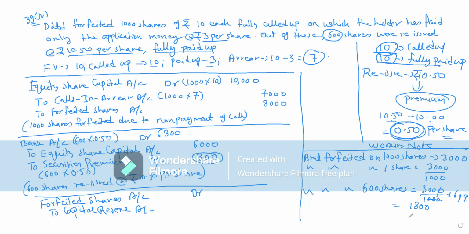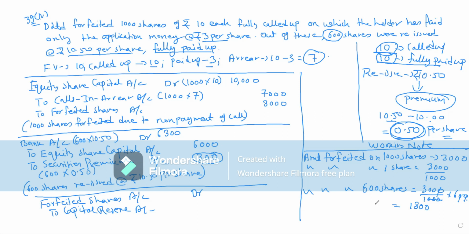Now remember, whenever you reissue shares at a premium, the premium amount on reissue will not be added to calculate capital reserve. Did you understand what I said? But if you reissue shares at a discount, then that amount of discount will have to be subtracted from the forfeited share amount.